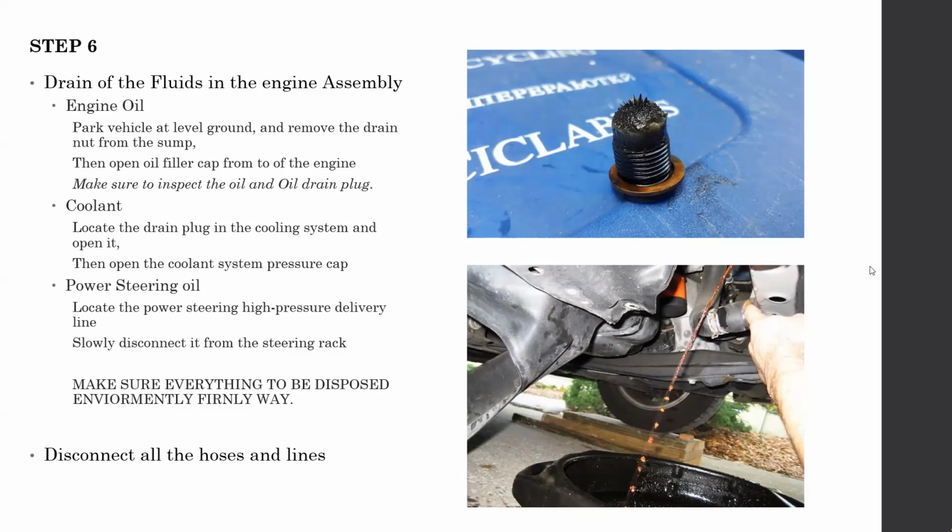It's a very simple thing. It has a magnet at the end of the drain plug. So if there are any metal shavings or any wearing components, they will come and collect on the plug itself. The magnet will collect everything.